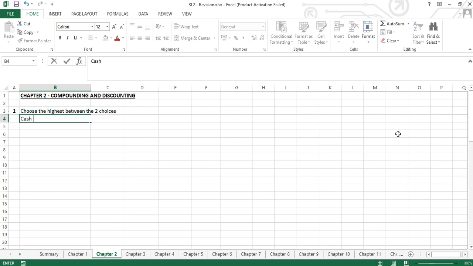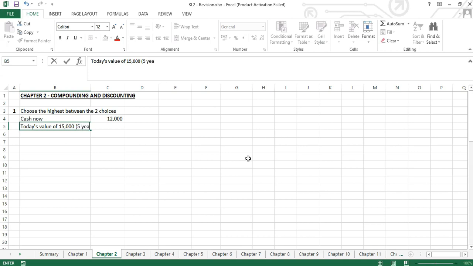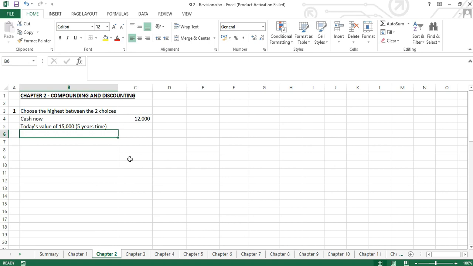The first choice is cash now of 12,000, and the next choice is today's value of 15,000, payment in 5 years' time. So let's start calculating.